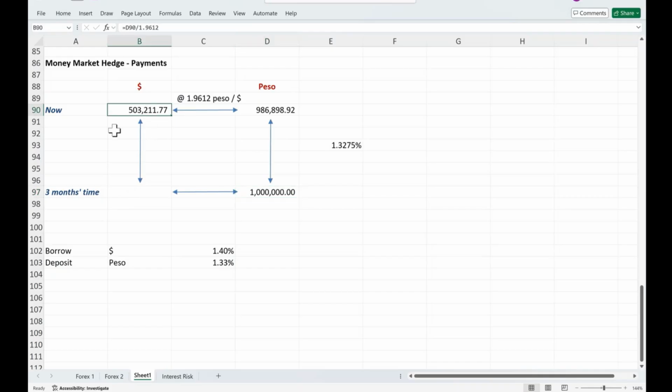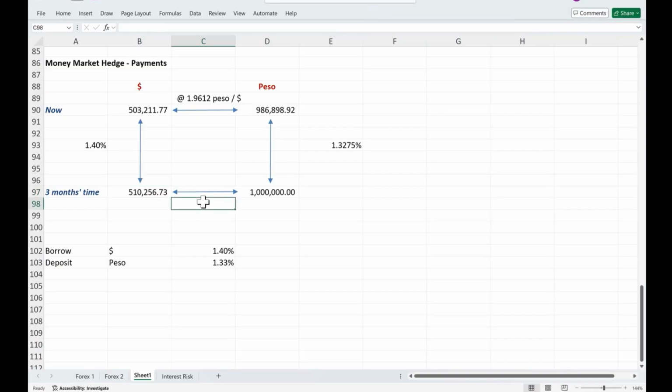Because I borrowed this fund using my currency interest rate, I have to compound it, multiplying by 101.4%. That much bank loan I have to pay back, including the interest.